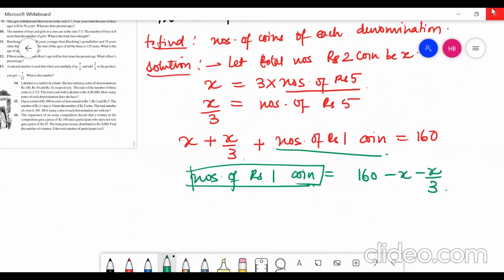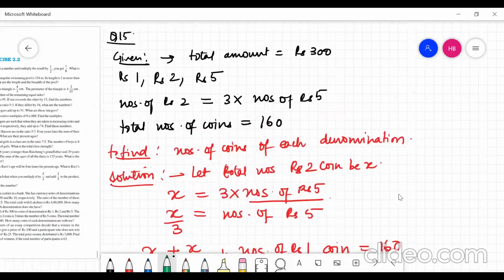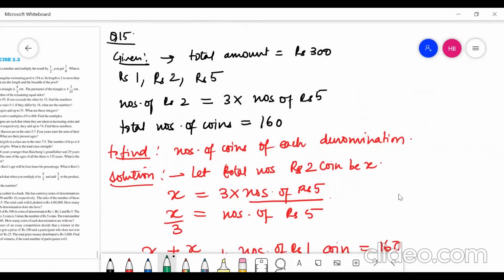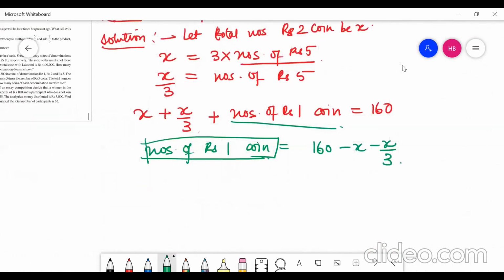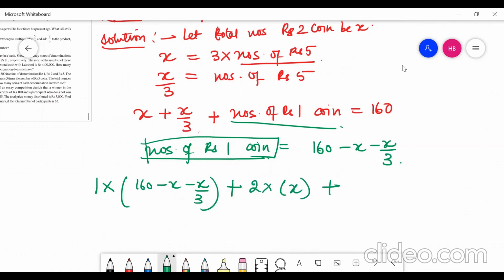Now what I'm going to do is put these values in and use the information of the total amount, rupees 300. If my total amount is rupees 300, it means that if I multiply 1 with the number of 1 rupee coin, and 2 with the total number of 2 rupee coins, and 5 with the number of 5 rupee coin, I will get 300 as an answer.